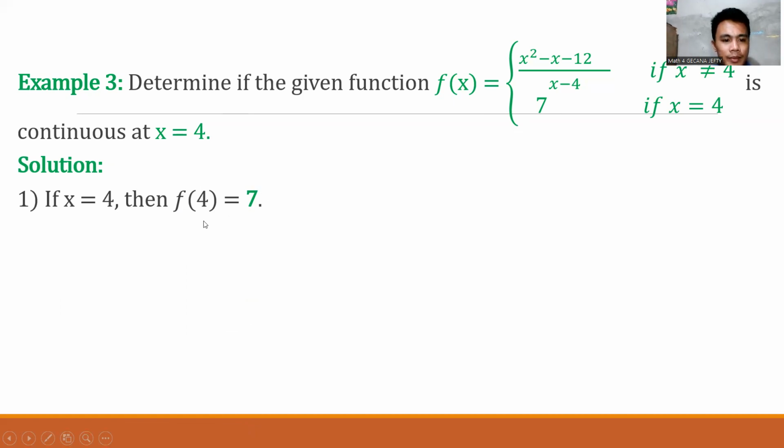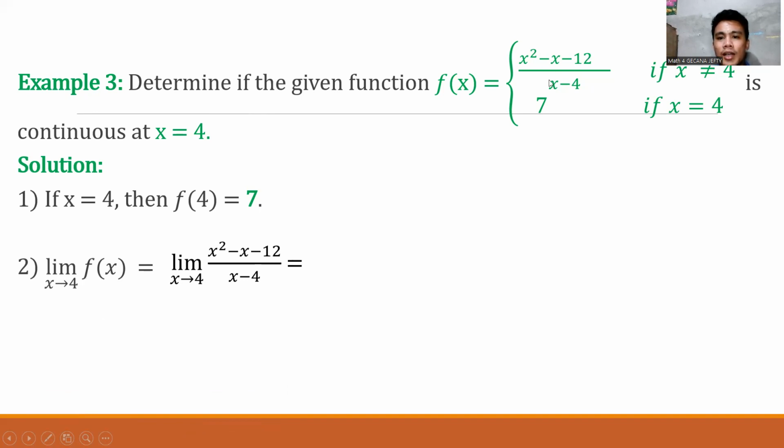Next, we will determine the limit of f of x at x equals 4. We have the limit of f of x as x approaches 4 equal to the limit of x squared minus x minus 12 over x minus 4, the function we use if x is not equal to 4.